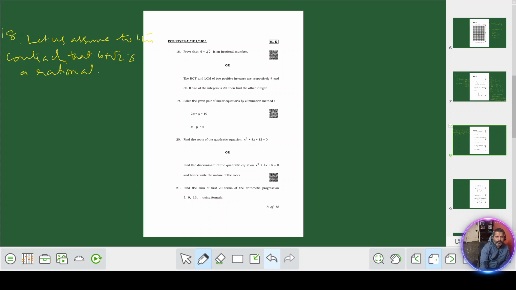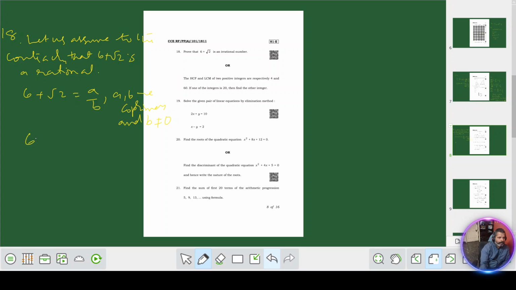This is the first step. When it is rational, we can write it in the form a by b, where a and b are co-primes and b is not equal to 0. You have to follow these kinds of steps properly.